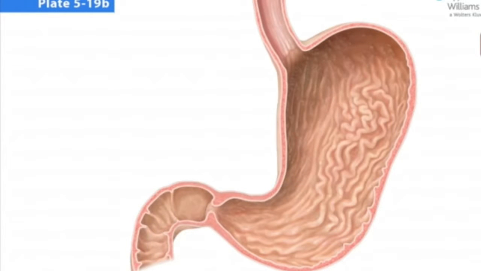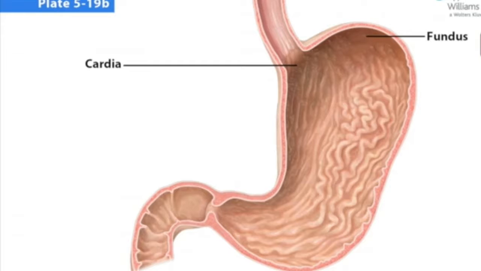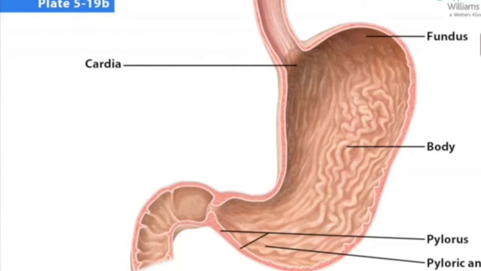The stomach has 4 parts: the cardia, which is the part surrounding the gastroesophageal orifice; the fundus, which is the dilated superior part between the gastroesophageal orifice and the left side of the diaphragm; the body, which is between the fundus and the pyloric antrum; and the pyloric part, the funnel-shaped distal area that begins at the pyloric antrum and ends at the pylorus.